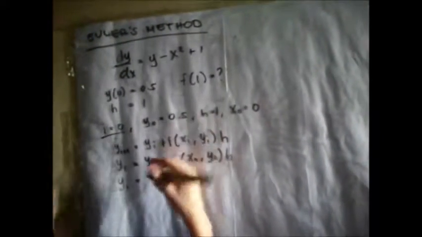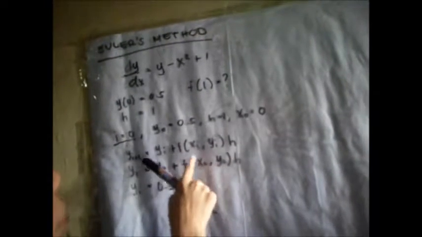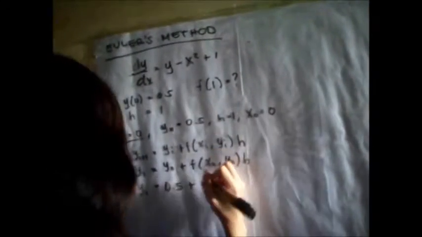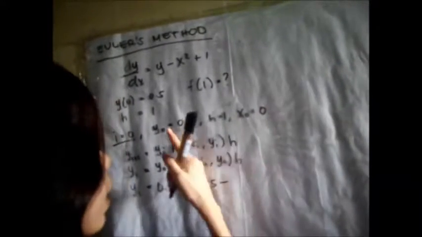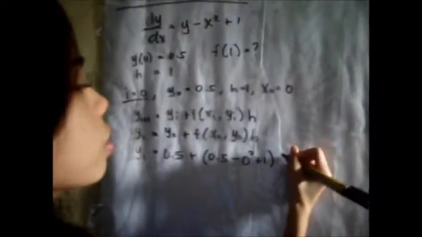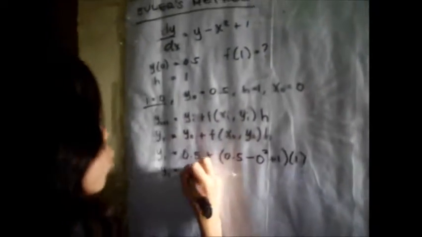By substituting these values into this equation, we have y1, because y0 is 0.5, plus, the x sub 0 and y sub 0 should be substituted to the equation. So we have 0.5 minus x sub 0 squared plus 1, and the step size of 1, so times 1. Therefore, we have the value of y1 of 2. That is for when i is 0.